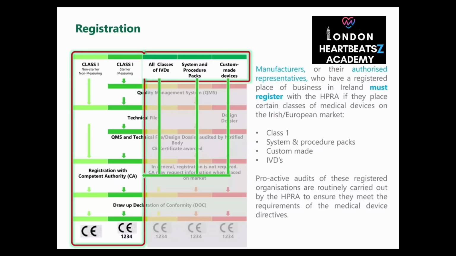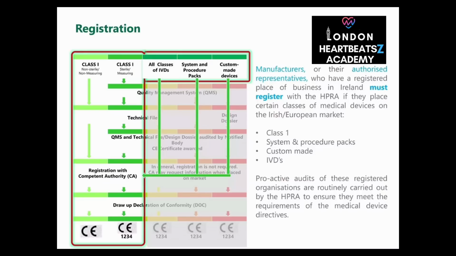So for those higher risk devices, the developer has to get a notified body involved to get the CE marking. That's right. The notified body will thoroughly audit the developer's quality management system and technical documentation. That's pretty intense. It is, but it's necessary to make sure these devices meet the highest standards, because they can have a big impact on people's health.